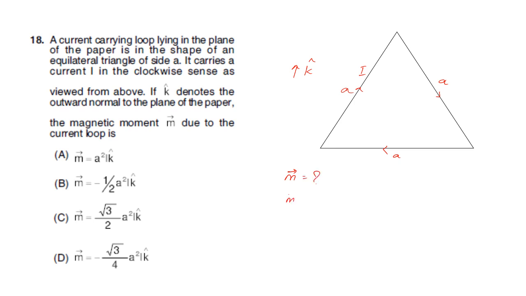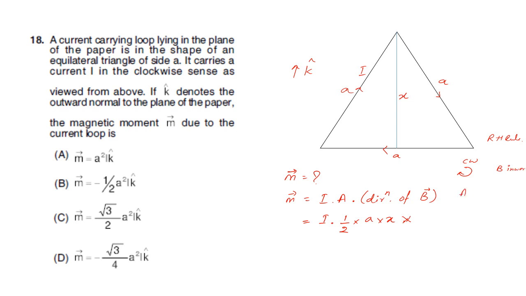So M is a vector which is the product of current into area of the loop in which current is flowing, into the unit vector in the direction of magnetic field B. It is given by current I and area is half of base into height, into direction of B. Since current is flowing in clockwise sense, according to the right hand rule the magnetic field will be inwards.